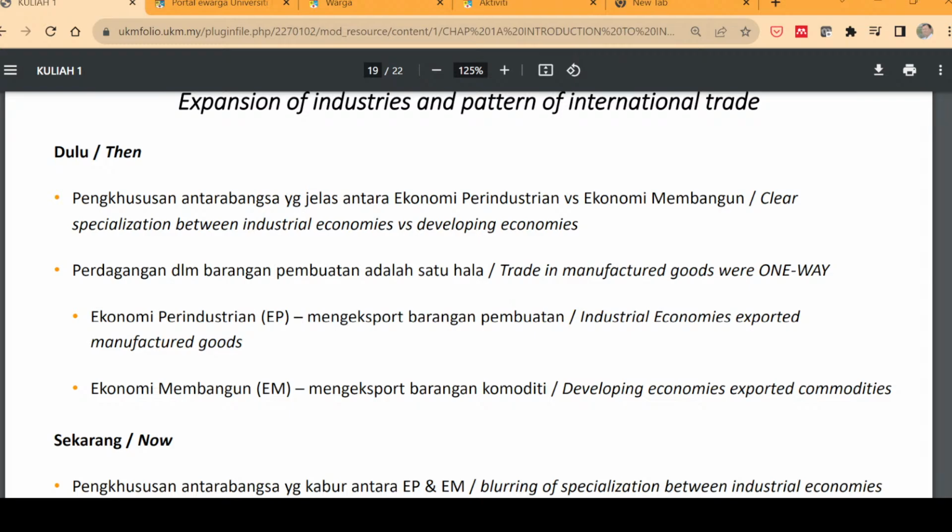The traffic was one way. The exports came from developed countries going to developing countries. And you have to know the difference. Developed countries, developing countries.